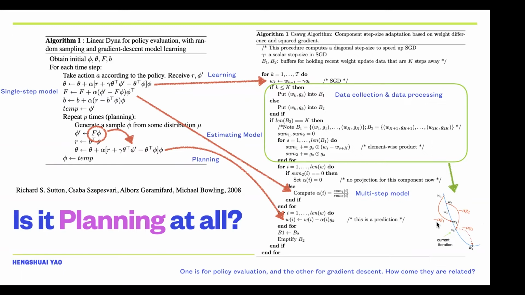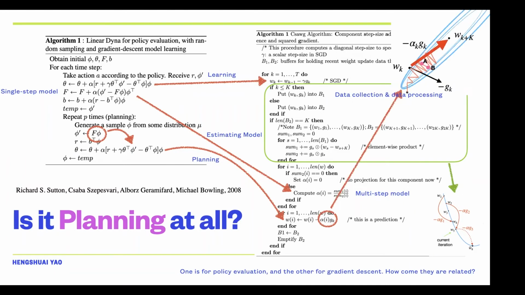You can look at the detail of how alpha is learned in this way. So as promised, alpha projecting the gradient produces the red arrow. The red arrow is projecting the gradient and targeting a future iteration.